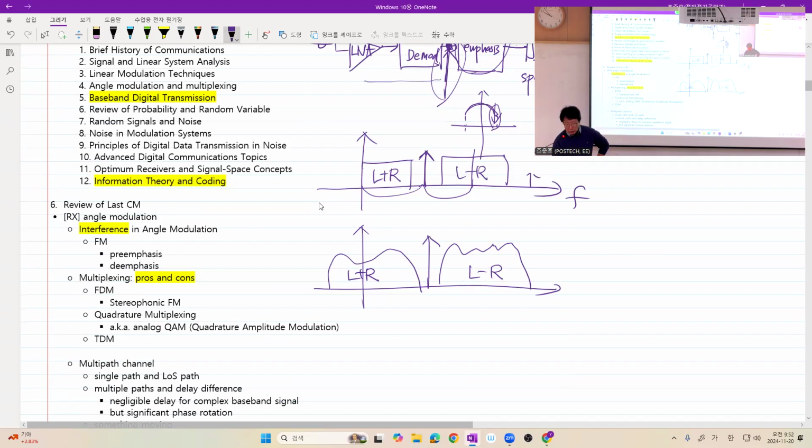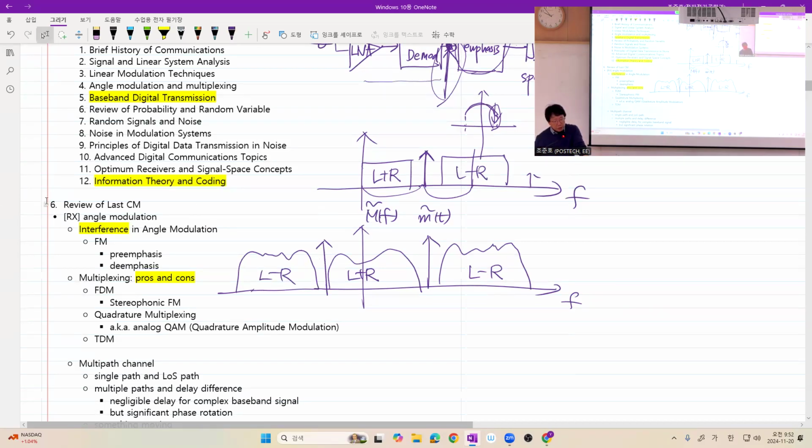Since this is the modified message signal, because we have left plus right and left minus right, and this M tilde of t is a real baseband signal, you also have conjugate symmetry. So this is what you have. Got it? So in that part, I was a little bit misleading in explaining the material.